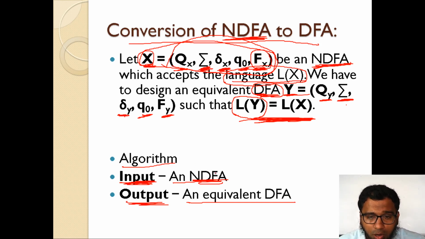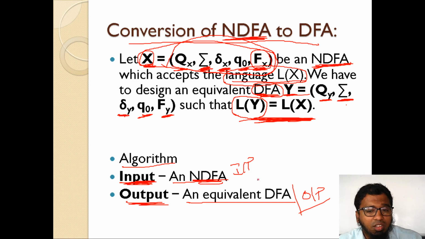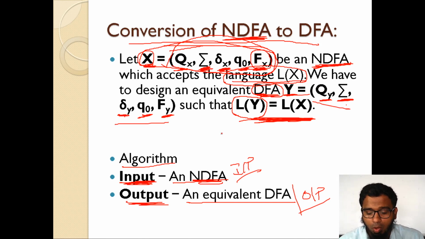This is the input and this is the output. This is important: same states, alphabets, delta, q0 and F. This belongs to the NDFA and this belongs to the DFA.